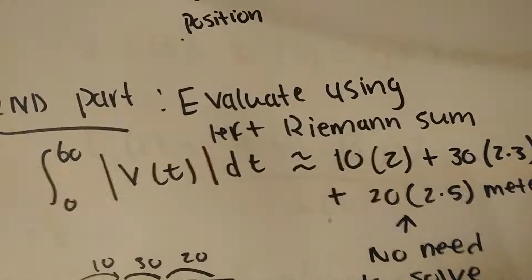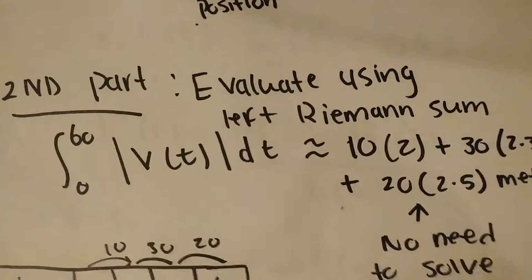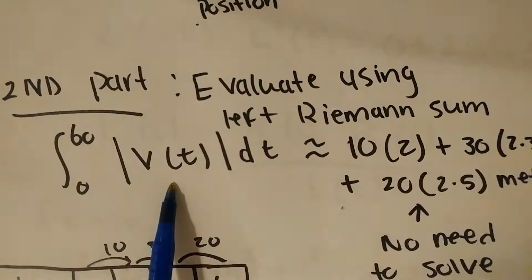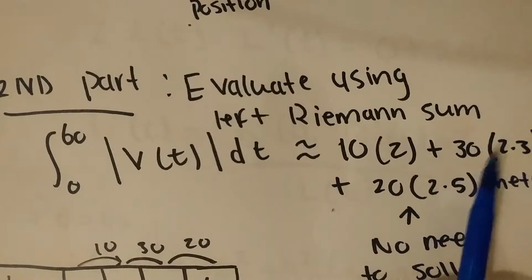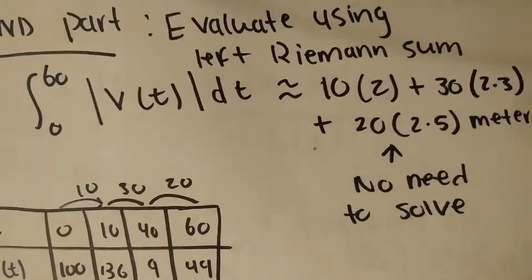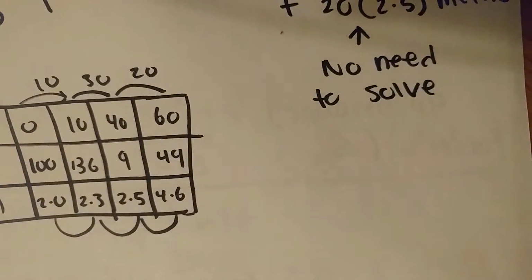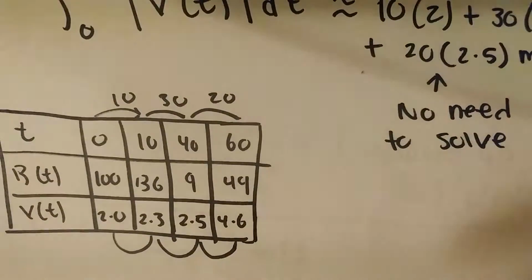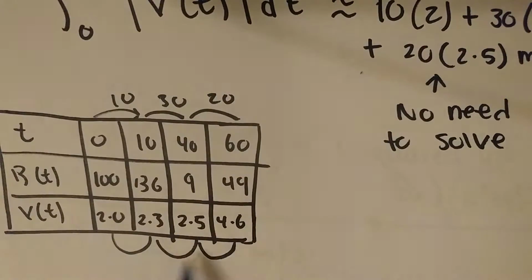For the second part of the problem, it's telling us to evaluate the equation that we were just dealing with using the left Riemann sum. For the table, as you can see here, it's easier to draw those loops.